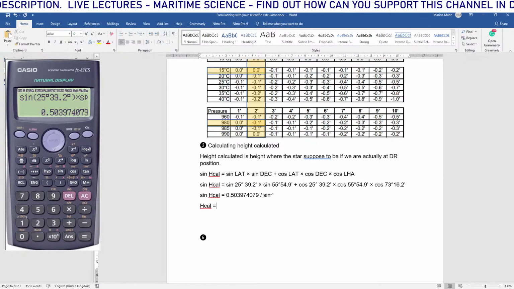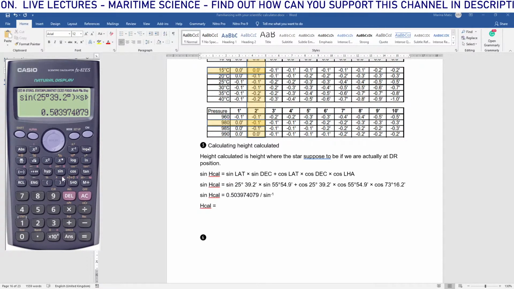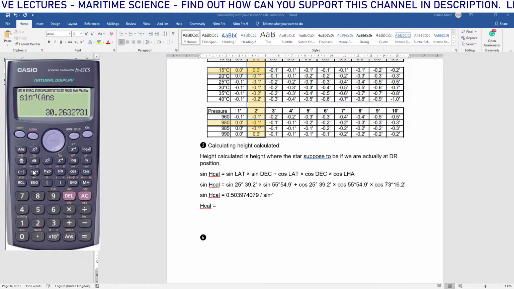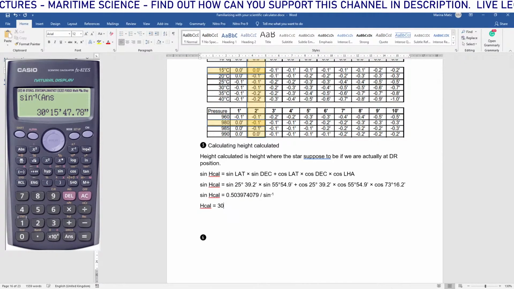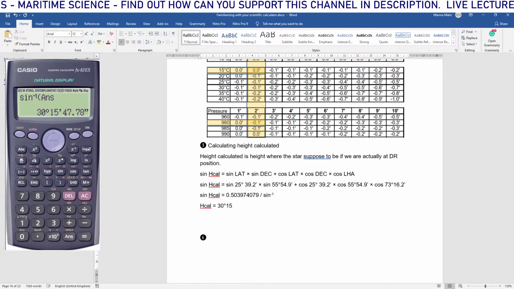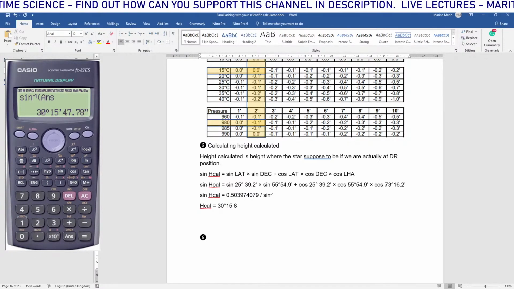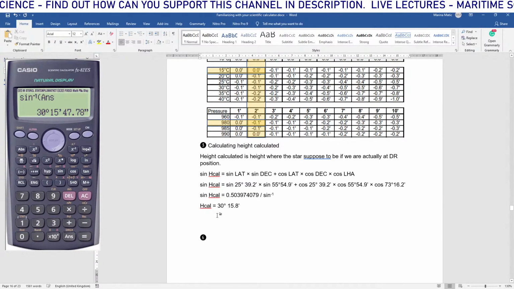The secondary function is on the top of the button, so shift sine equals and press DMS or degrees minutes seconds to get the value in degrees. So it's 30 degrees 15 point 8. And that is how you get height calculated.